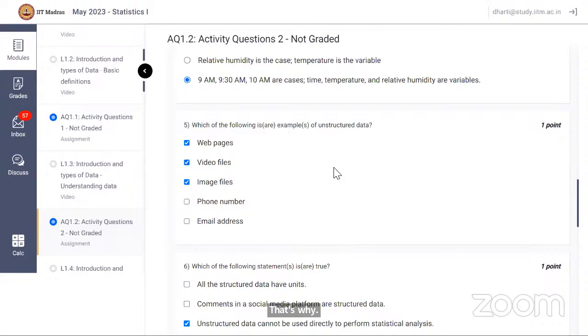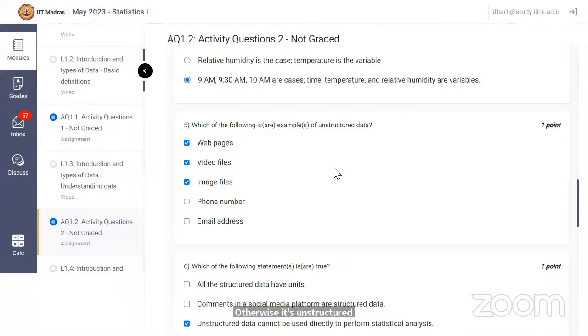See, what is unstructured data? When you are filling the columns, the data which has one unique type or one pattern, that is a particular data type, that is structured data. Otherwise, it's unstructured. For example, the color of a car.